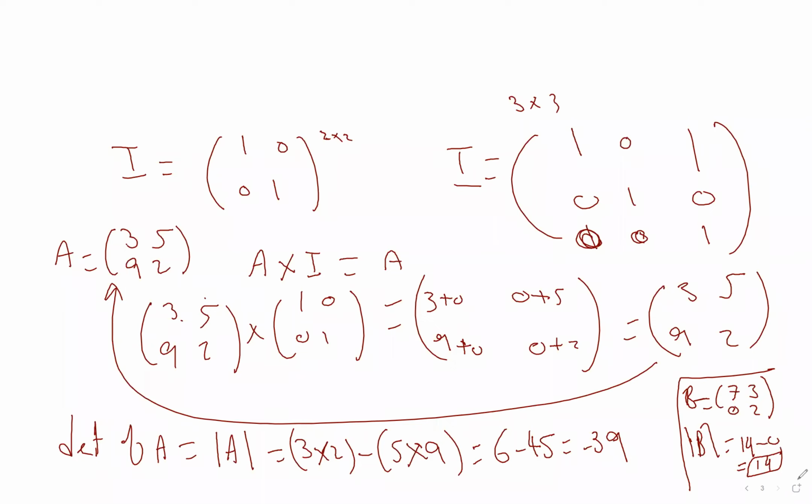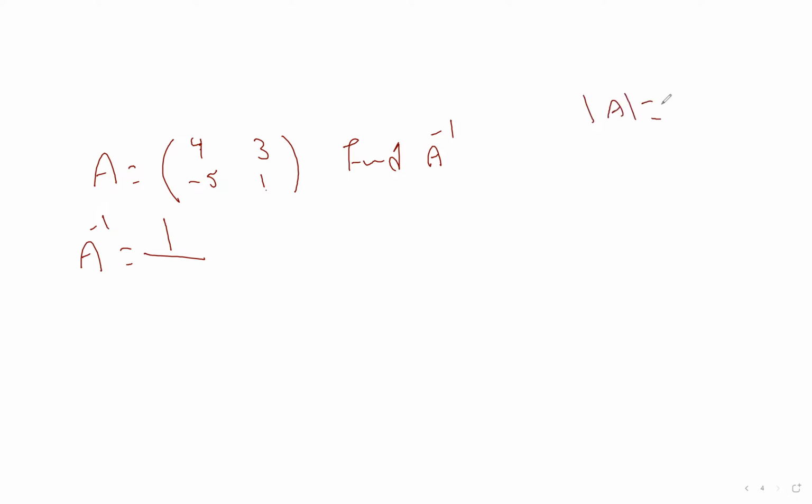Okay. To find the inverse of A, if A equals 4 and 3, negative 5 and 1, and we need to find the inverse of A, A power of negative 1. يبقى A power of negative 1 will be 1 over determinant of A. Our determinant of A equals 4 times 1 minus 3 times negative 5.